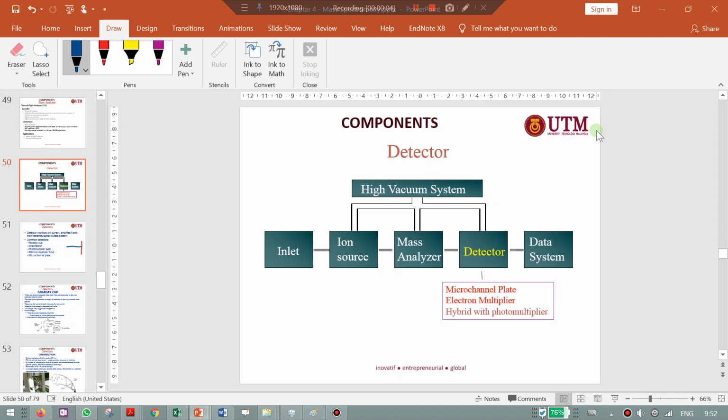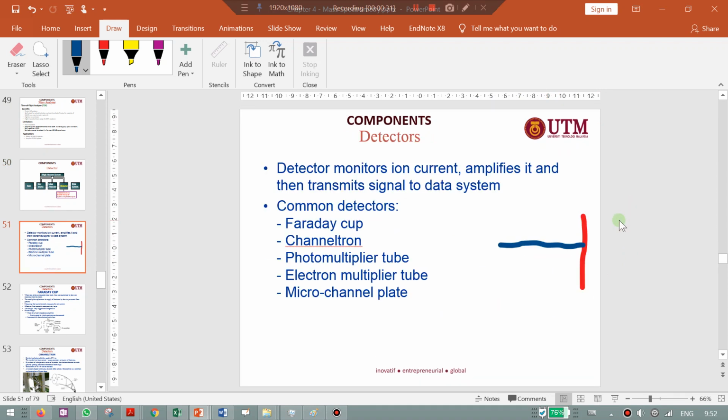We go into the next component of the mass spectrometer, the detector, of course. There are plenty of detectors, but we will only go into a few selected ones, the common or simplest ones.